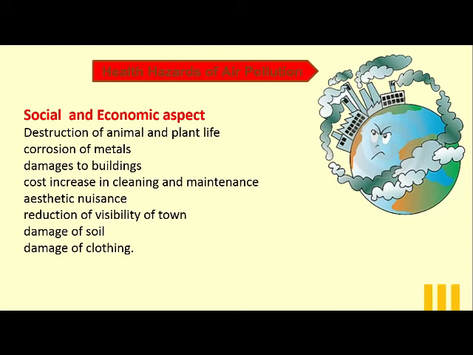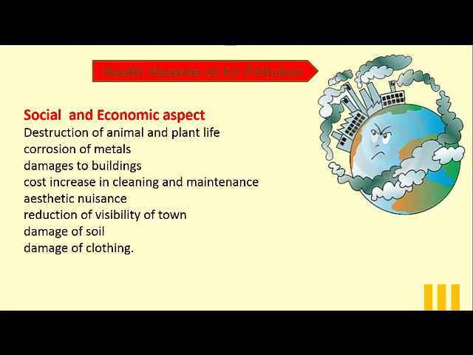Next is corrosion of metals. This causes deterioration and destruction of general properties like statues and monuments. Also, the corrosion of metals causes losses of any installed equipment outside the buildings, which is exposed to air pollution continuously.